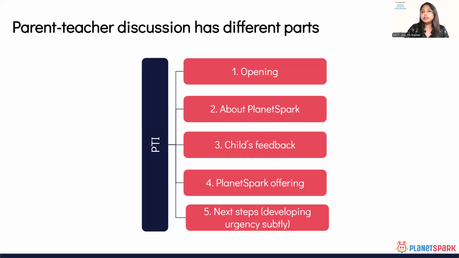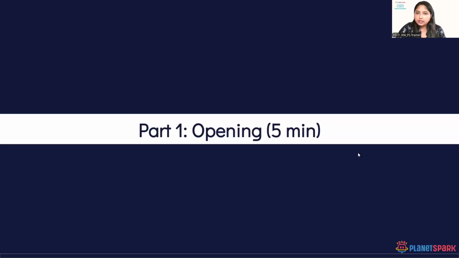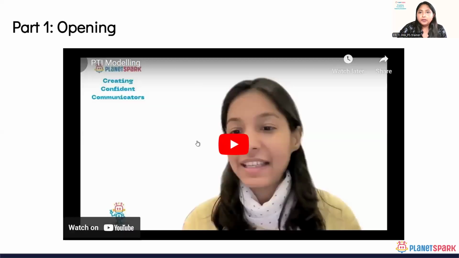And number 5 is the last step where you can develop the urgency subtly, right? In the second part and the fourth part, about Planet Spark and Planet Spark's offering, these are longer parts, but there are a few places where you can cut short. You will see how. This is the opening.